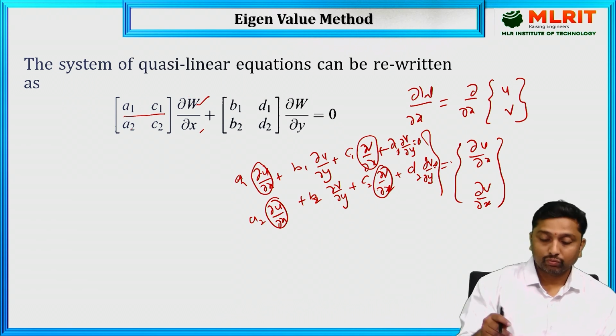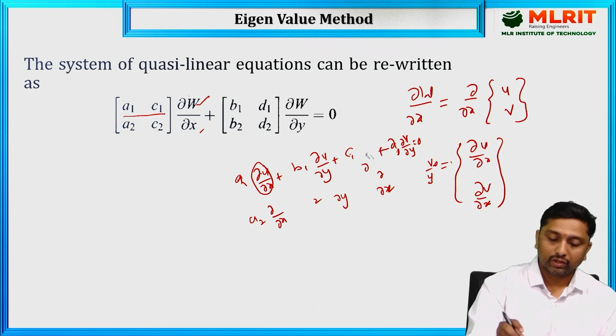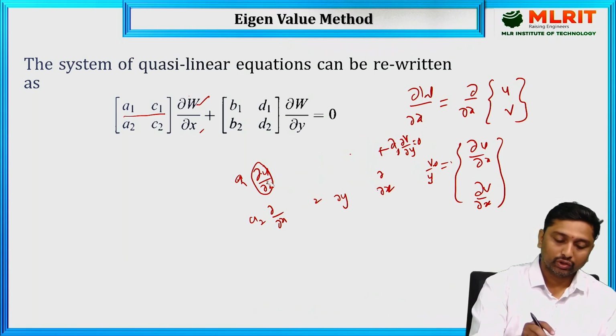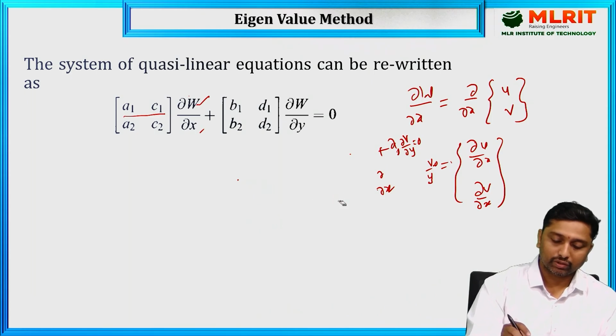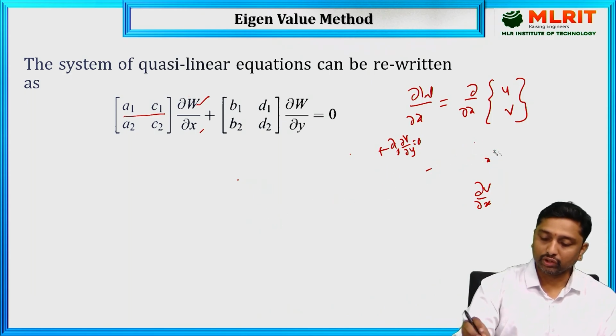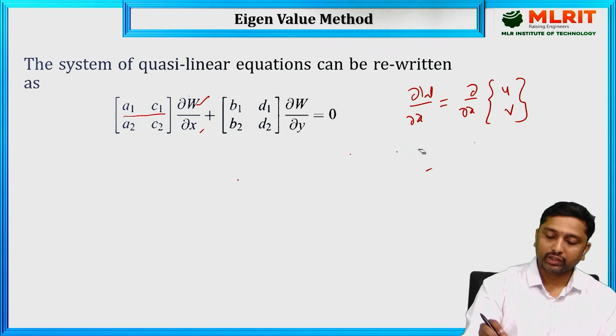So what we are trying to do is represent those equations in matrix form now. The eigenvalue method uses matrix methods to solve the given quasi-linear equations.